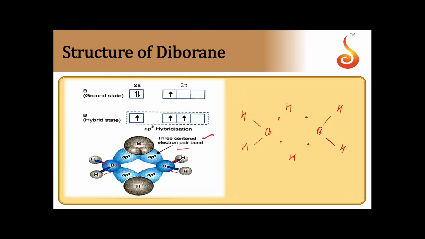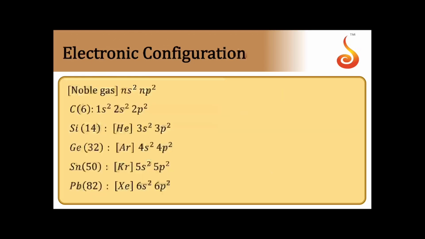They are also called banana bonds. The BHB bond is also called a banana bond. It is a 3-centered electron pair bond. This is regarding the structure of the diborane molecule. So the hybridization will be sp3 of the boron here. Not all the bonds are equivalent here.